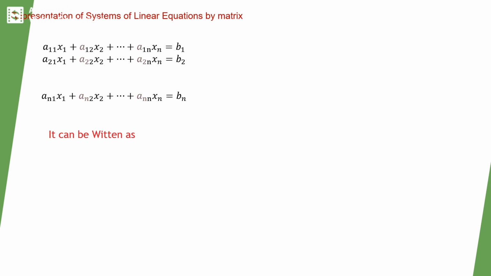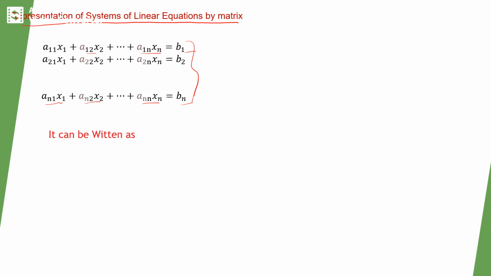Now the representation of a system of linear equations by a matrix. As we discussed previously, we have a system of linear equations: a11 x1 plus a12 x2 and so on plus a1n xn equals b1, and the last equation an1 x1 plus an2 x2 and so on plus ann xn equals bn.